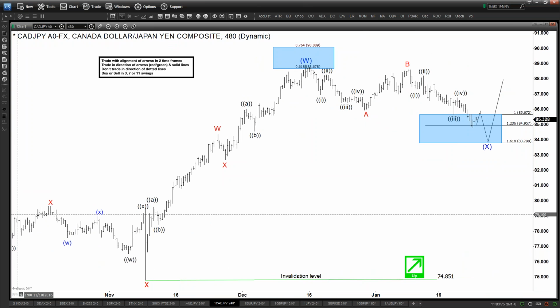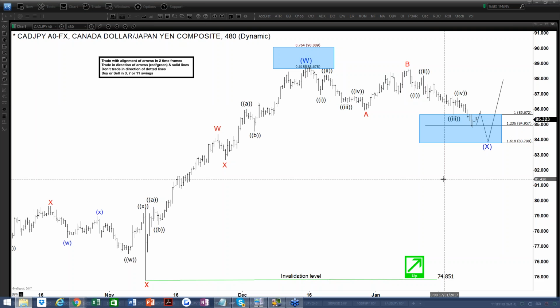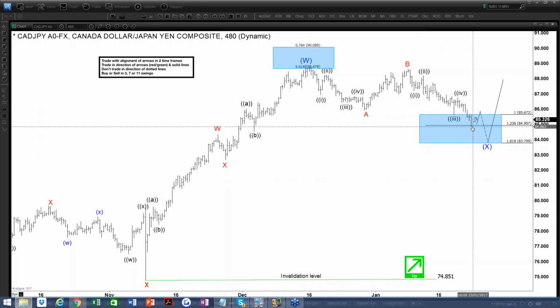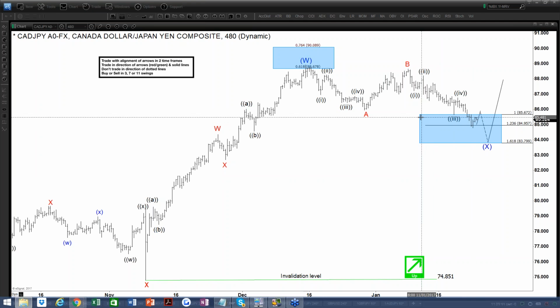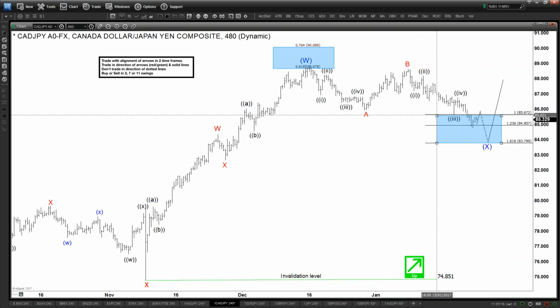Okay, and just bear with me for a second. Right. So CAD yen, like I said, it is already in the inflection area. Okay. I do think the maximum it can see is another leg lower, and we're expecting it to stay within the blue box.